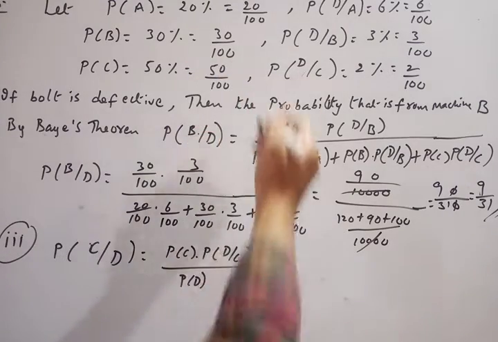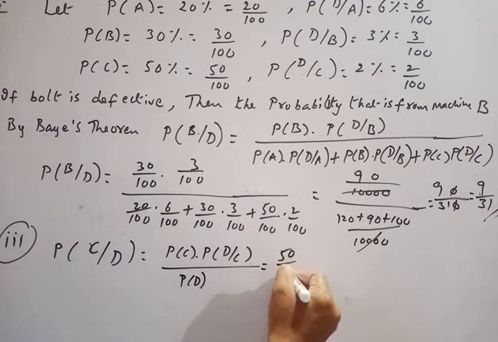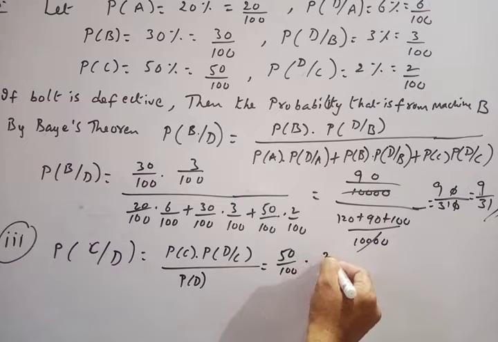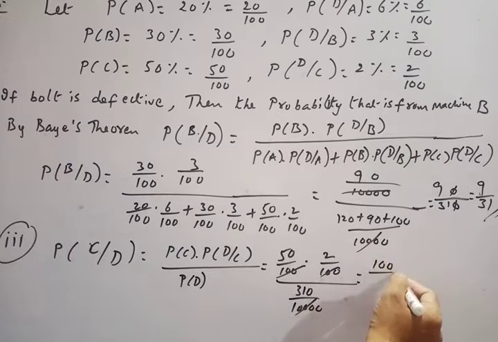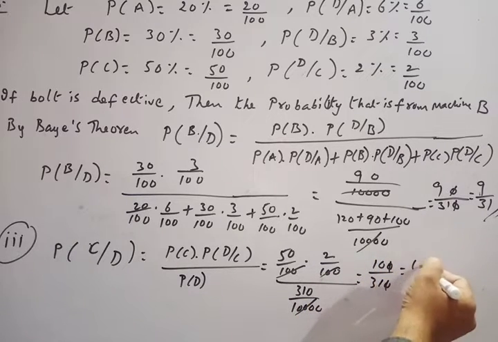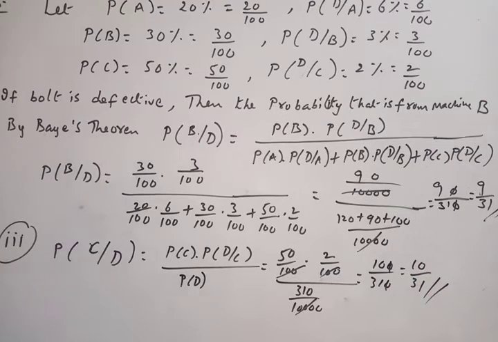So P of C is how much? 50 by 100 into P of D by C how much? 2 by 100, whole divided by how much total we got? 310 by 10,000. Correct? So 10,000 can cancel. 100 by 310. 10 10 can't cancel. 10 by 31 we get.